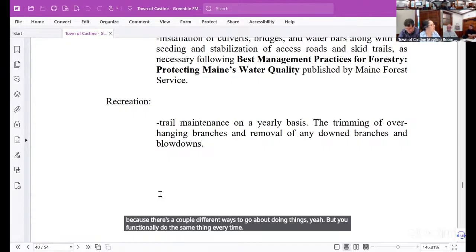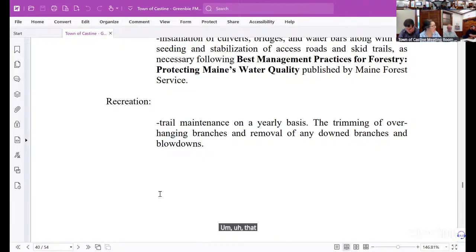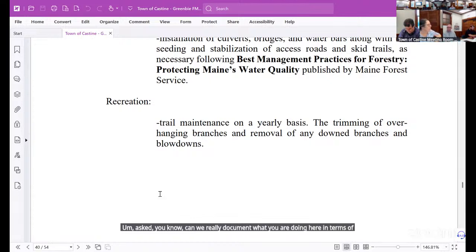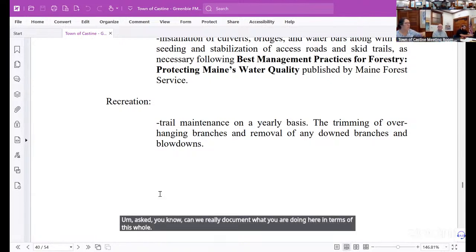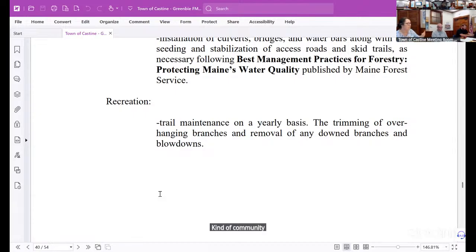I'd like to have an annex, and maybe you can help me write it, that really speaks to process. This was something that Hans, when we had one of our first meetings, asked: can we really document what you are doing here in terms of this whole community-centered approach, or whatever we want to call it?